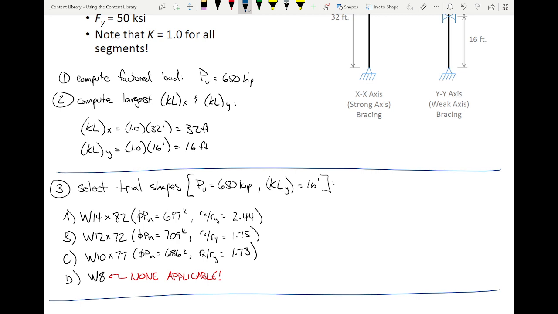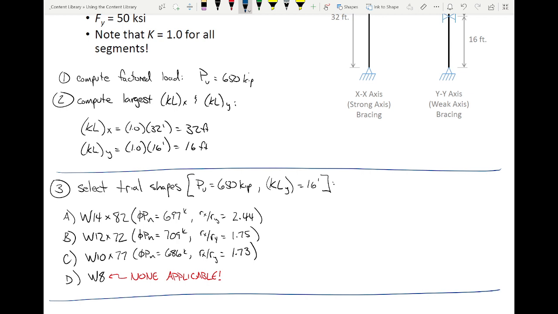With me so far? Before the example that we did on Friday, we would have just gone with the W12 by 72, right? The reason we were able to do that in the last example is that we had the same KLX and KLY. So we knew that the weak axis was going to govern, so we didn't have to check the strong axis. That's the lightest one, boom.